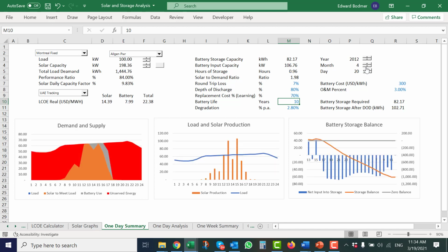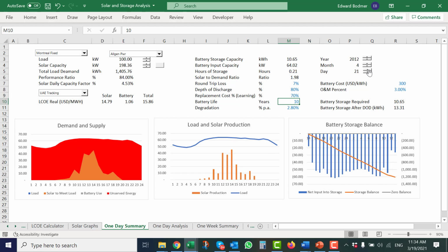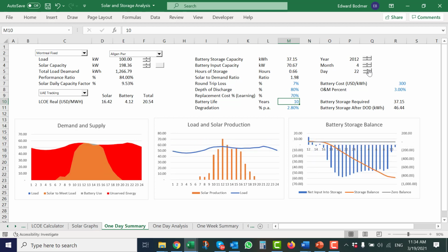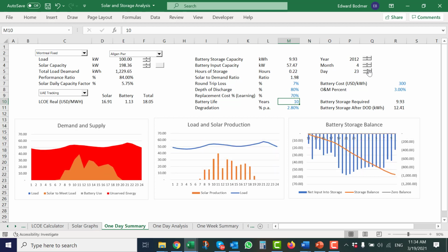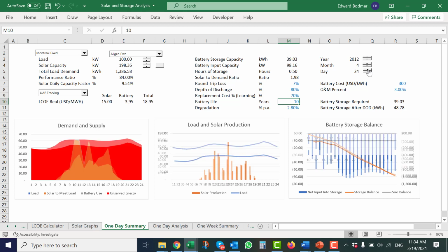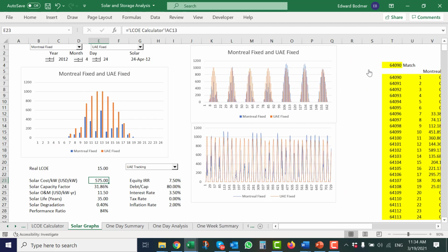Oh, there's a not so sunny day. We had little clouds, sunlight, clouds, and we can go to another day. That was a cloudy day all day. Every time you do this, you get a different amount. That also comes into here. You can see in this thing where you go month by month just how it all works.